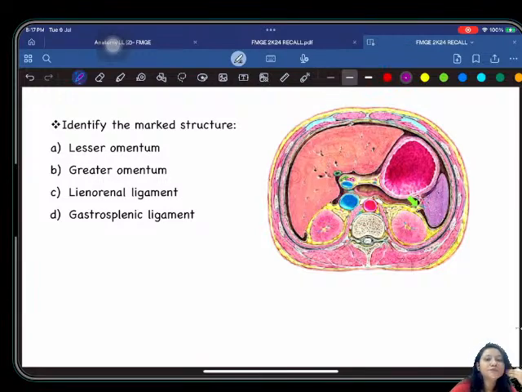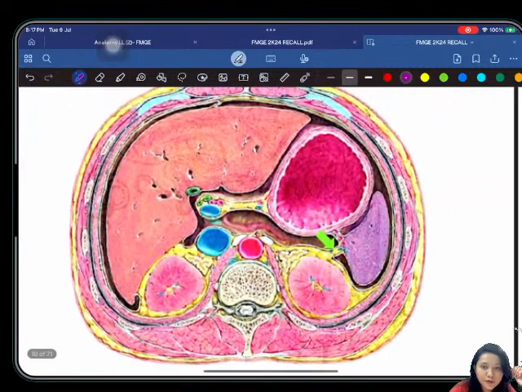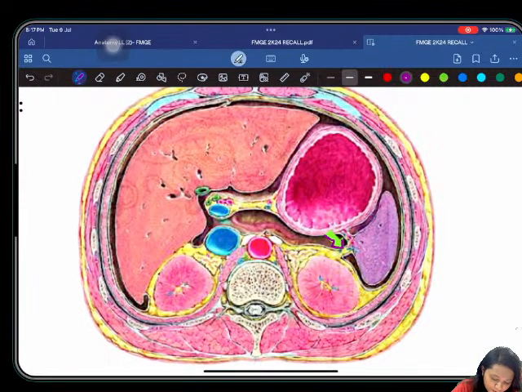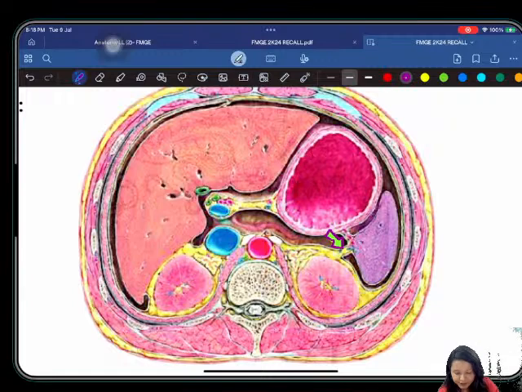Now the next question is to identify the marked structure. This is the marked structure, the green colored arrow. Can anybody in the chat identify this structure?